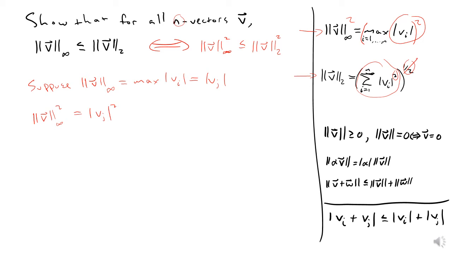And now obviously v sub j squared is going to be less than or equal to what we get when we add up v sub j squared with all the other entries in the vector squared. So this is less than or equal to absolute value v1 squared plus absolute value v2 squared plus, somewhere along the way we run into this vj squared.